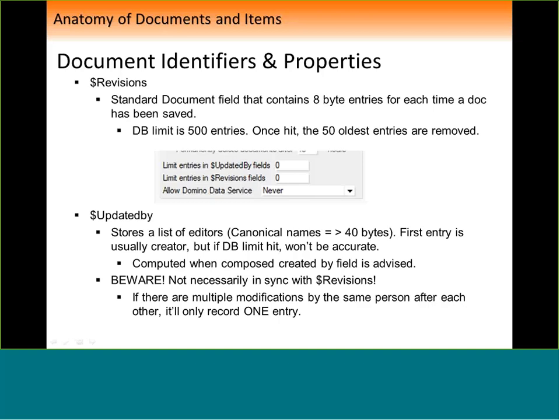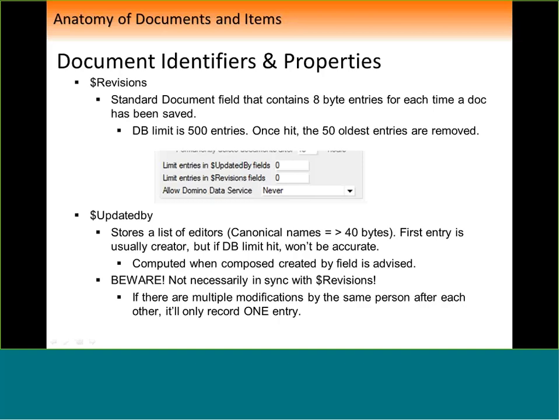So if you hit that limit and use the created by property of this document, that is actually going to look at the $updated by field's oldest value. So it's not going to be accurate anymore. This is why it is advised to create a composed when created field to identify the creator of this document.